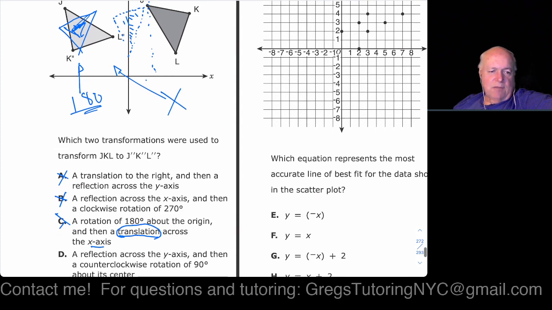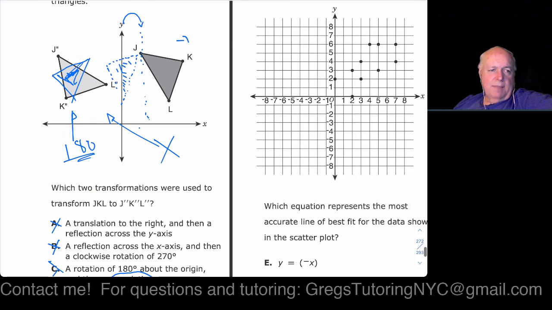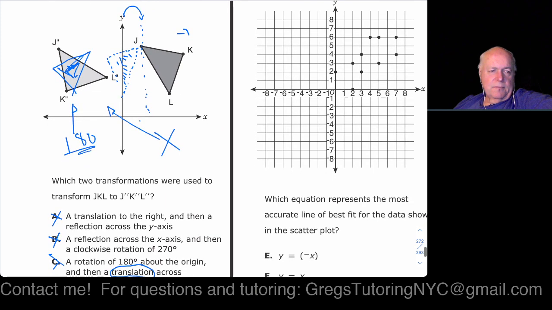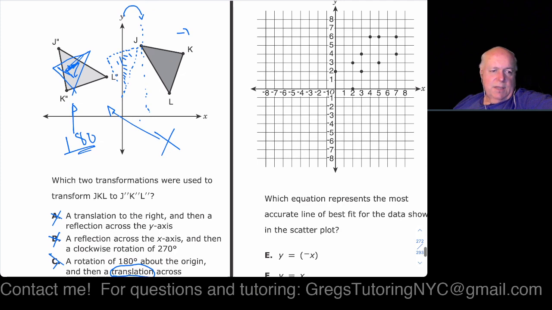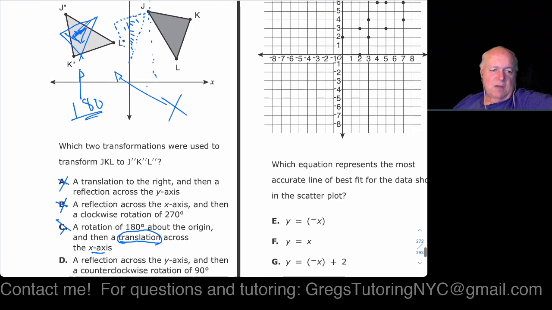So it says a reflection across the y-axis, and then a counterclockwise rotation of 90 degrees about its center. All right, so let's try to visualize that. D gives us a reflection across the y-axis.